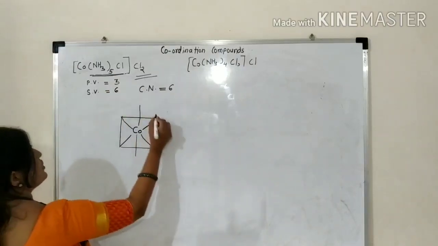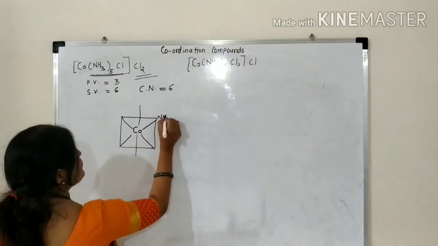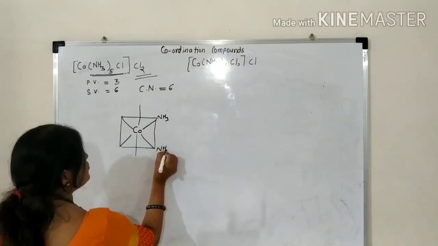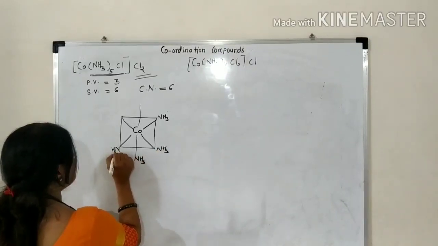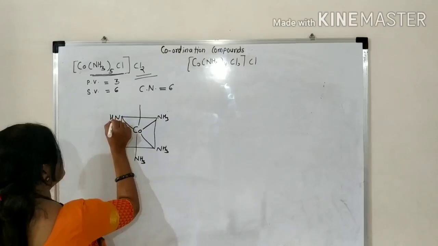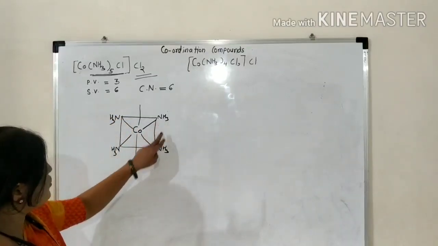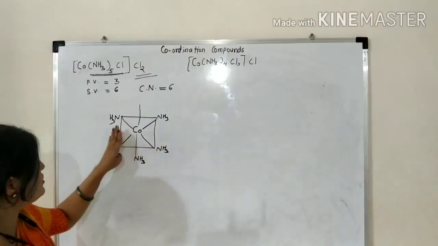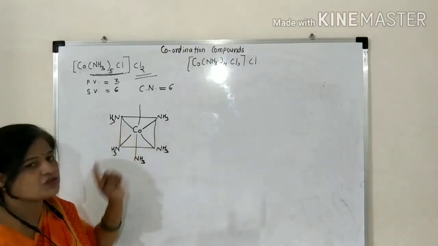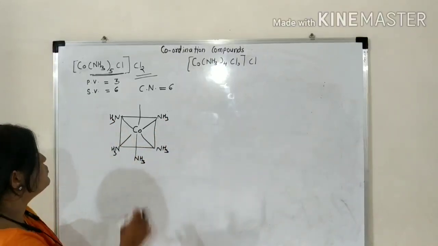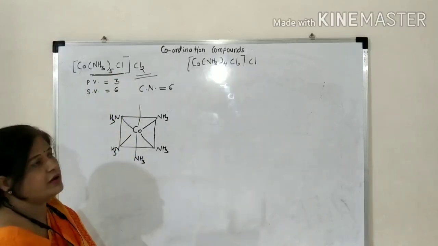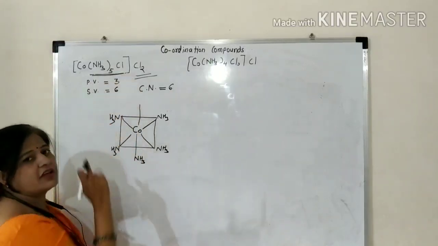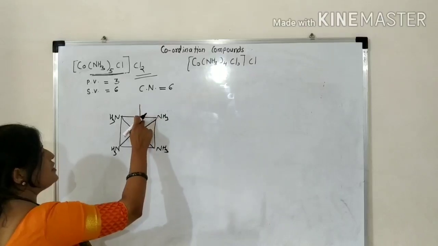There are 5 ammonia: 1, 2, 3, 4 and 5. These 5 ammonia are placed at 5 positions of the octahedral complex. One position remains vacant here. That is occupied by this chloride, because it also indicates secondary valency, and that is denoted by a dark line.